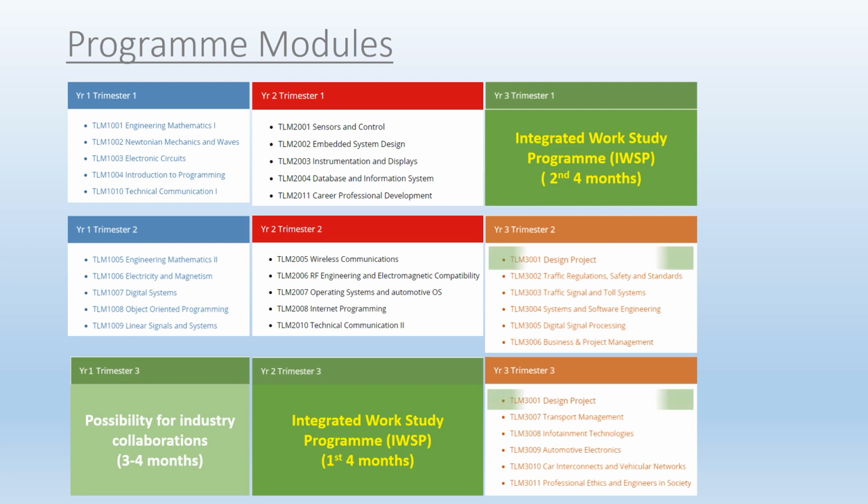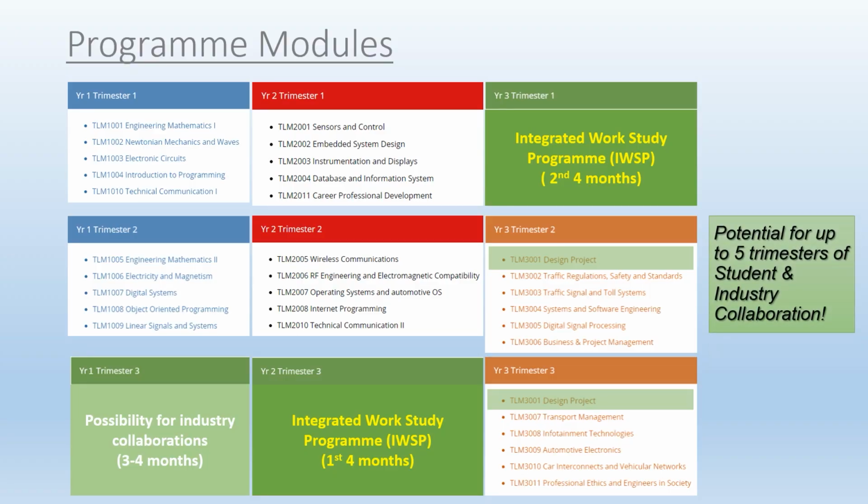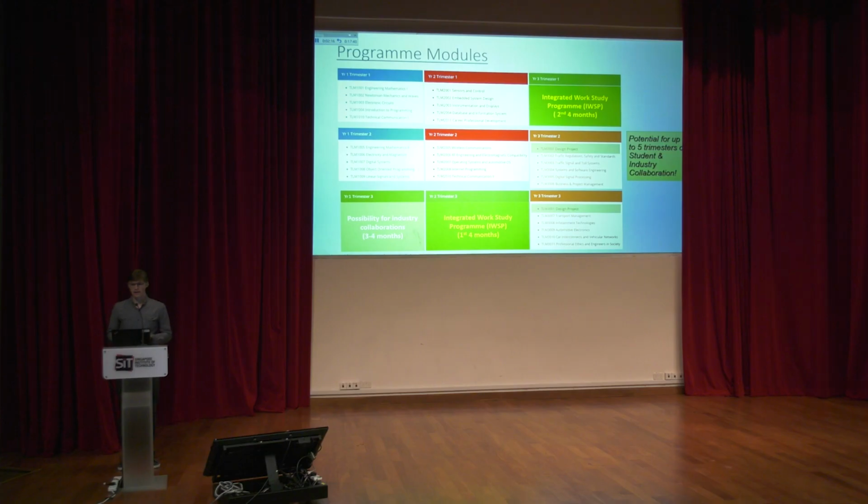Aside from this, also the design project, the basically final year project, students may choose to still collaborate with industry on their individual project, which actually brings us to a potential up to 5 trimesters of student-industry collaboration. And let me briefly give you an example how students might choose a strategy to basically stay connected with one particular industry.